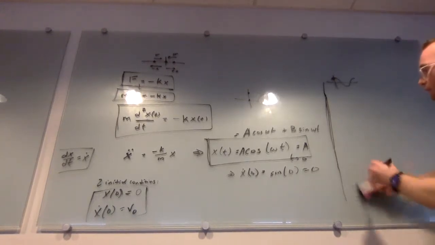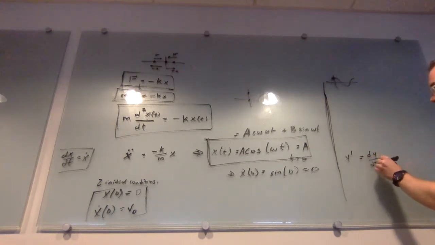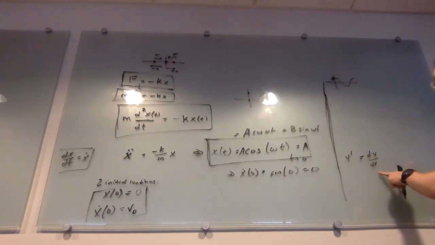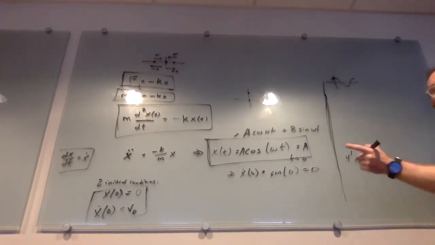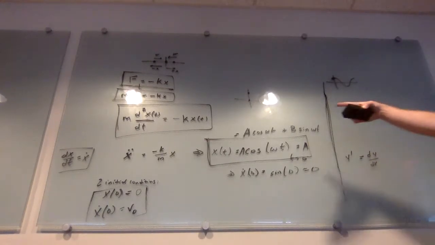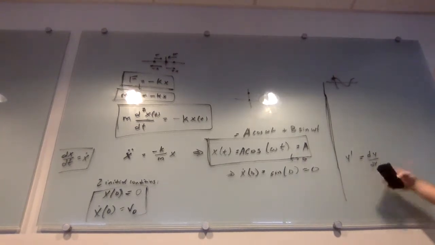But technically, y prime typically means dy dx, which is not the same as dy dt, right? Because that's usually like a slope of something. But in physics, y and x are both positions, so that would just be a quantity, not a time derivative of some y function.